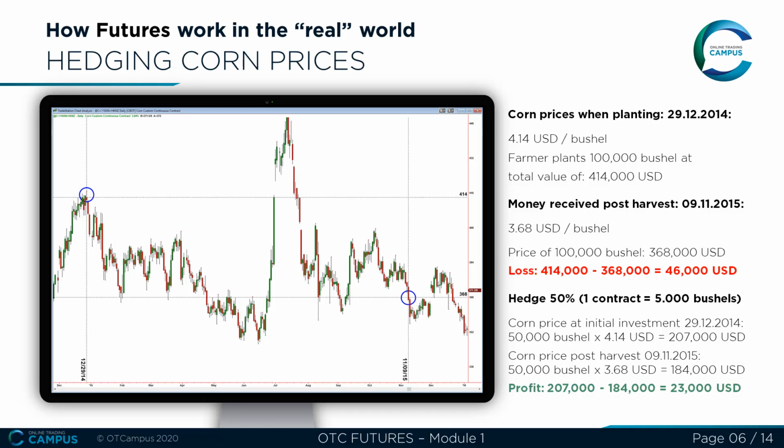So another question that occurs sometimes is who would have wanted to buy these contracts? Because you always need somebody on the other side of your trade, right? Our example began with the farmer selling 10 corn futures contracts end of December, well before the harvest. Any number of market participants would have been willing to take the other side of his trade.